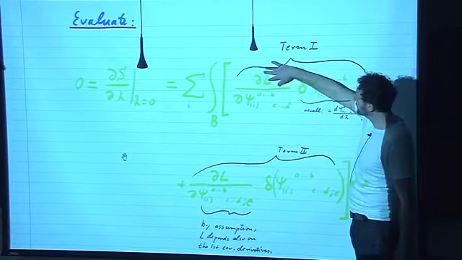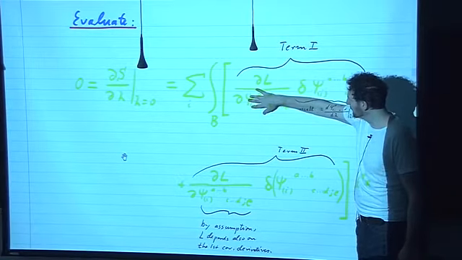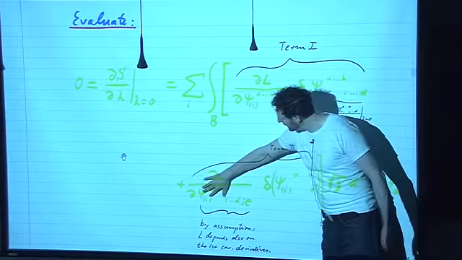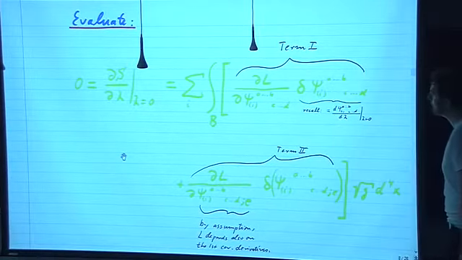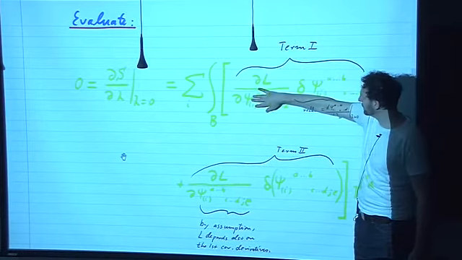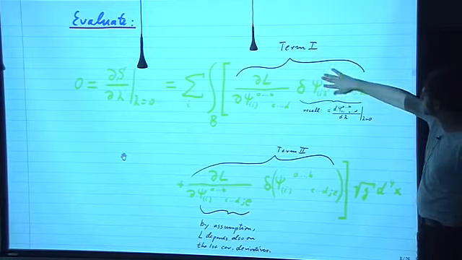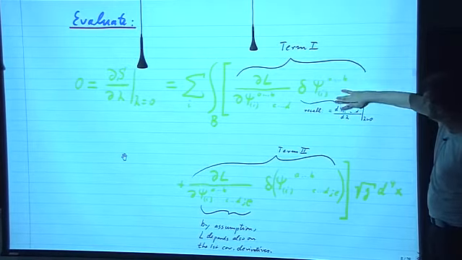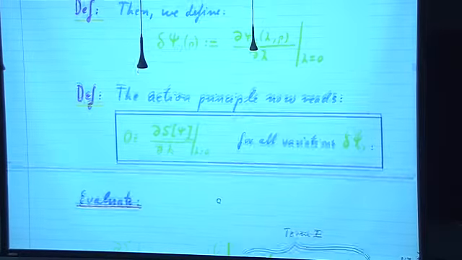And then the Lagrangian in the action integral depends on both psi and on the covariant derivatives of psi, the matter fields. So we have to differentiate the Lagrangian with respect to the matter fields, and then differentiate the matter fields with respect to lambda. So this is really just d psi by d lambda. Remember that we have this.